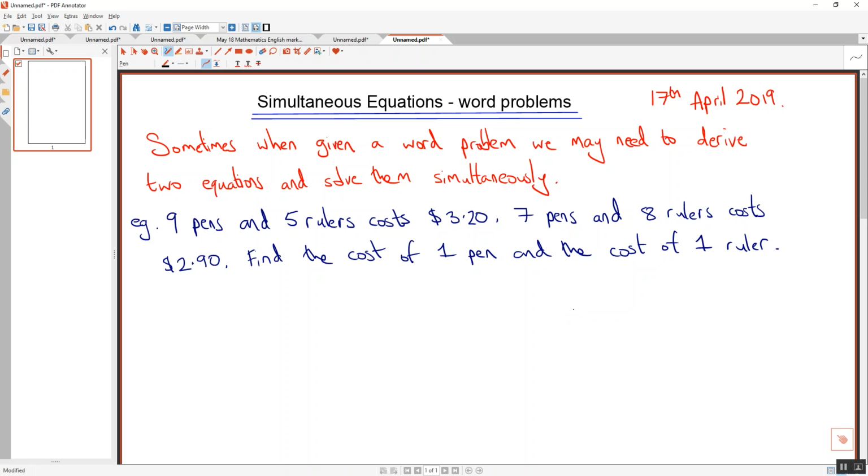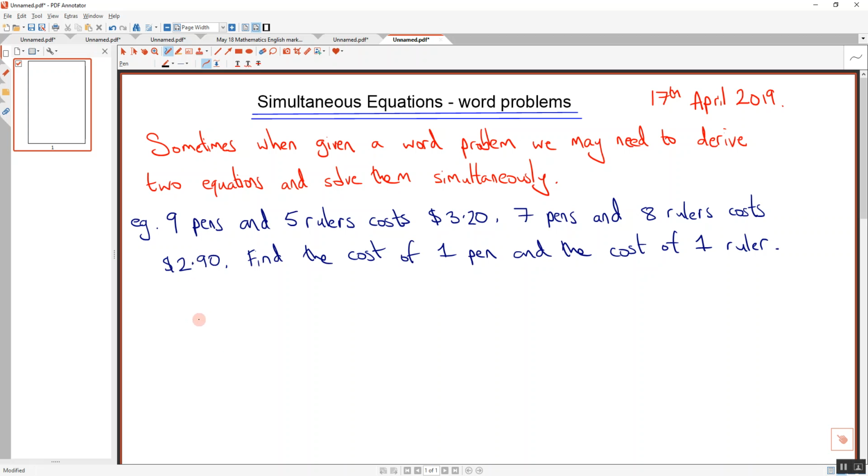Write it down in words. So what are you going to write in words? You're going to write like 9 pens plus or and. Yes, I see what you're saying, 9 pens plus, but what are we trying to find out? How much 1 pen costs.